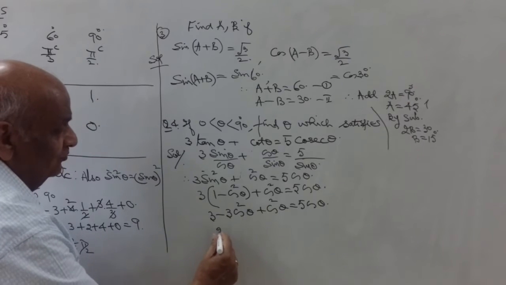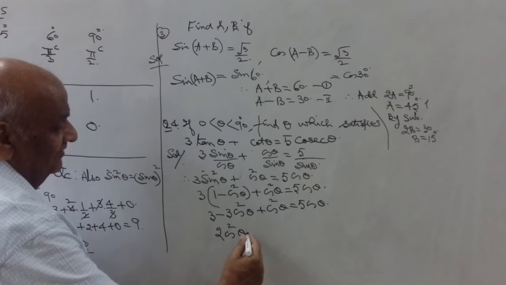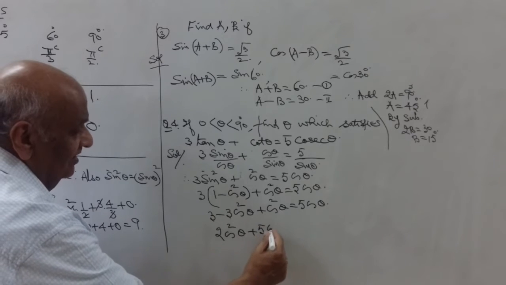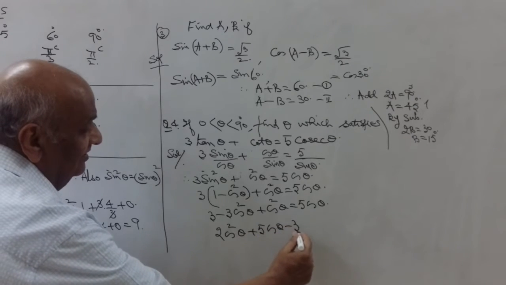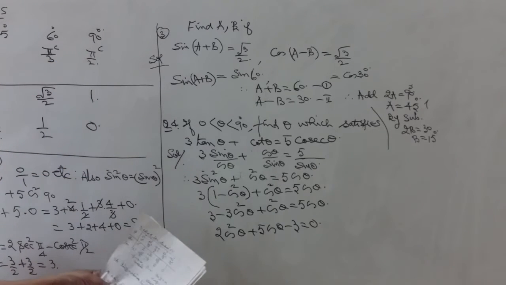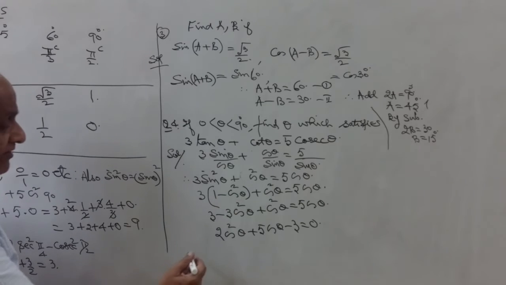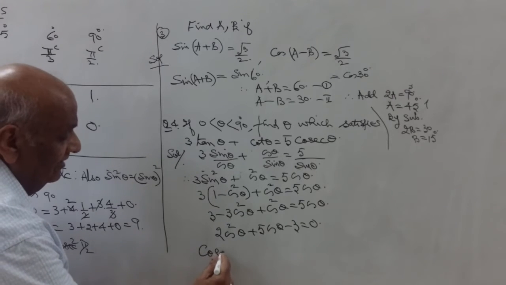That becomes 2 cos square theta plus 5 cos theta minus 3 is equal to 0. Please verify: 2 cos square theta plus 5 cos theta minus 3 is equal to 0. It's a quadratic in cos theta. Therefore, we solve it as a quadratic.